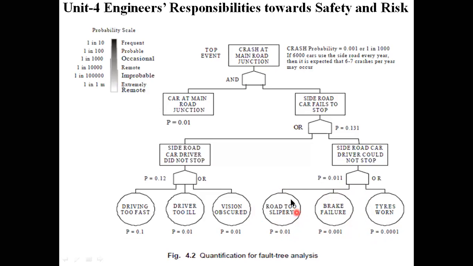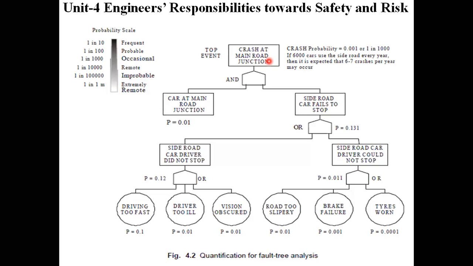These are the points you can come across in the crash at main road junction. Crash at main road junction mainly divided into two types, that is car at main road junction is the first point. Again side road car fails to stop. This side road car fails to stop, again condition is divided into two types, that is side road car driver did not stop condition, could not stop condition.